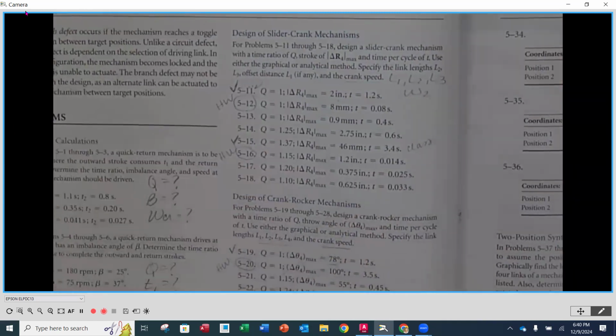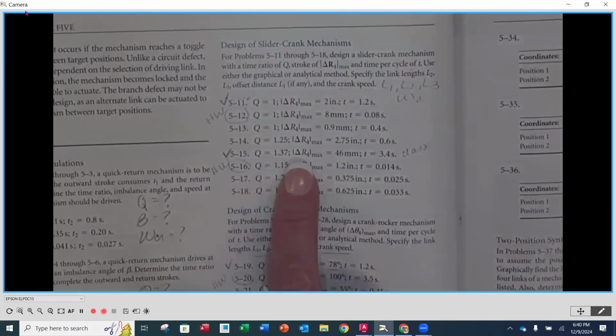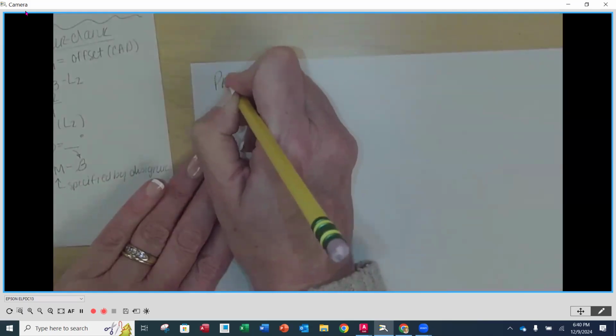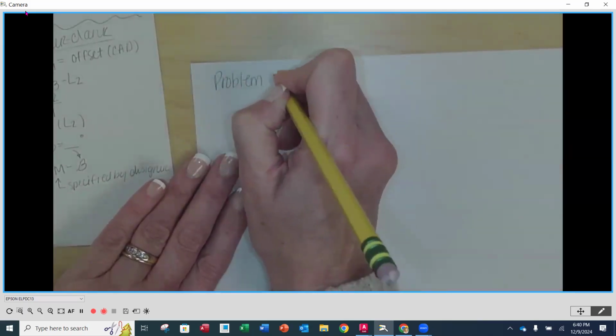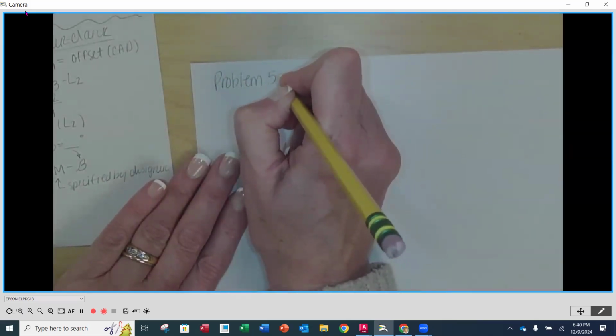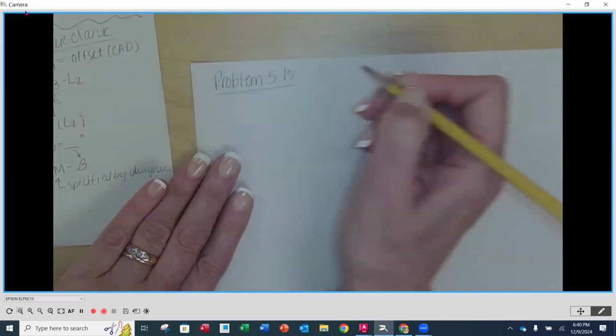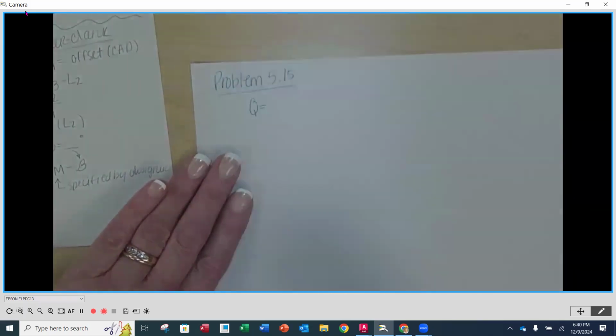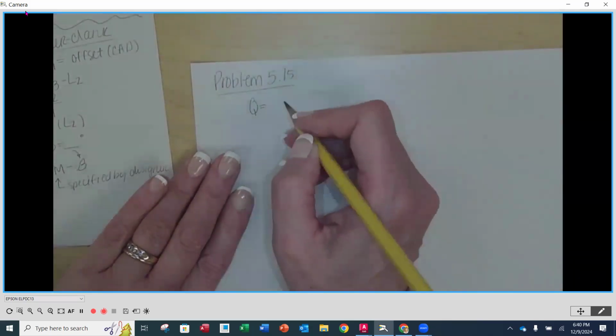So just like the earlier problem, our givens are going to be our Q, our stroke, and our total time. So we're going to write those down. Our Q for this problem is 1.37.